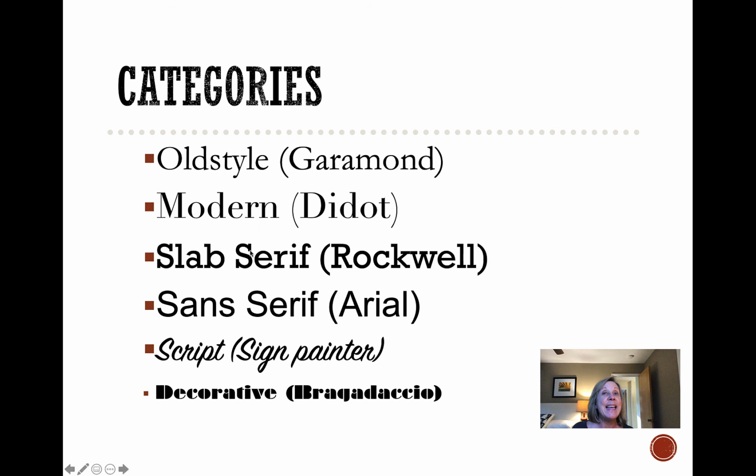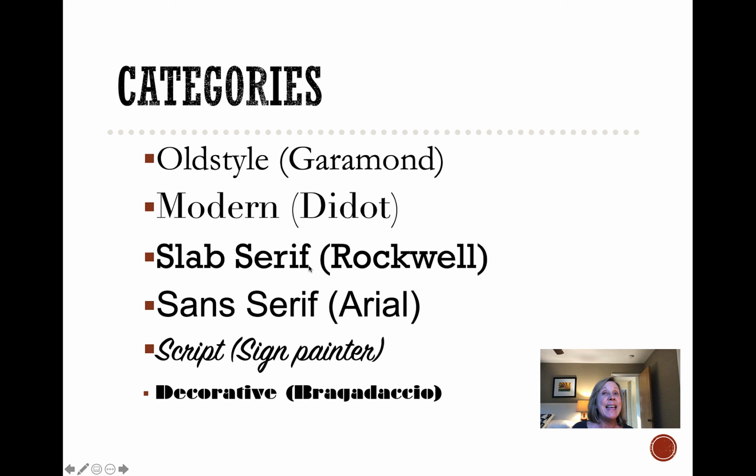Then we have the slab serifs. How do you know if it's a slab serif? Well, it has serifs. You see, this is coming off the letter. But what marks this as a slab serif is that the serif is squared off at the end. Sometimes, and you'll see an example in your book called Cheltenham, there's a little bit of a bracket, the bracket being the thing that goes like that. There's a little bit of bracket on the serif.